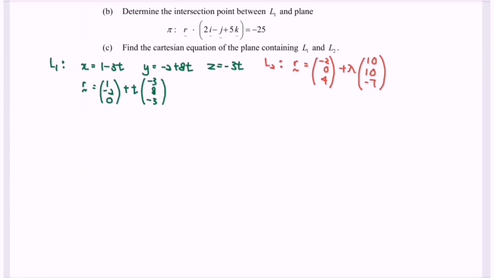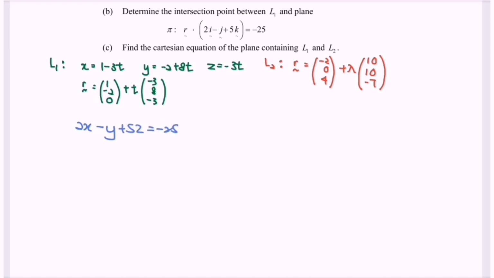Kindly refer to B. Determine the intersection point between L1 and the plane pi. Kindly refer to L1, we have the vector equation and also the parametric equation. Next, kindly substitute the parametric equation for line 1 into the equation of the plane. Refer to the plane, we have 2x minus y plus 5z equals negative 25.